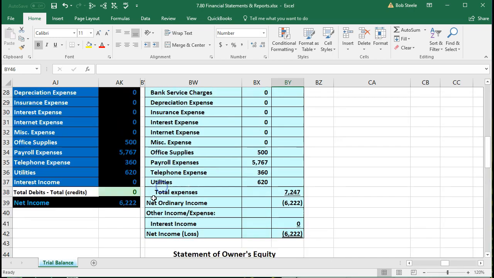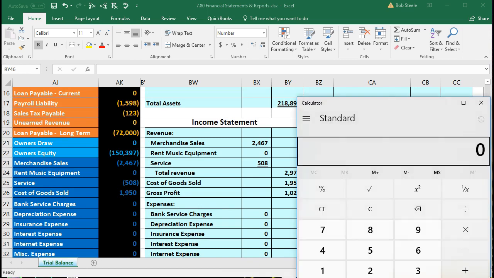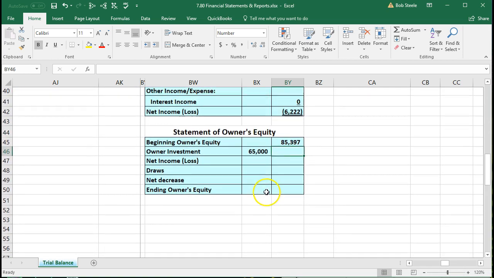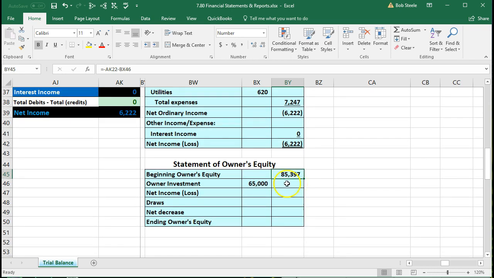So all we did in essence was take 150,397 minus 65,000. We're doing that with a formula so that all we have to do then is really adjust this number, whatever those investments are, and this number will auto-populate there then. And so that'll be that.